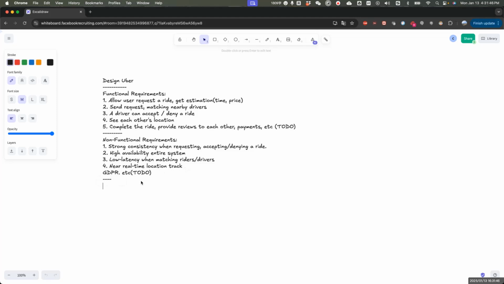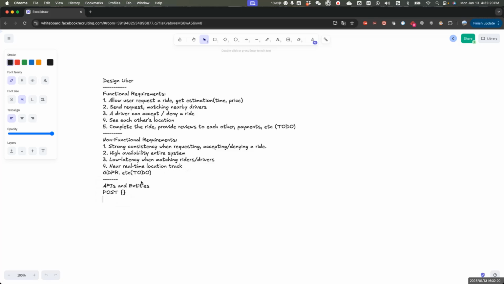Other things we want to talk about would be, for example, APIs and entities. When we're requesting a ride, we might need a POST request via HTTP to get a ride.